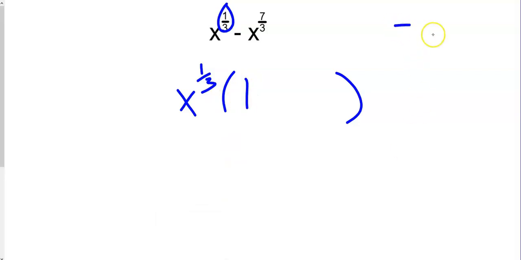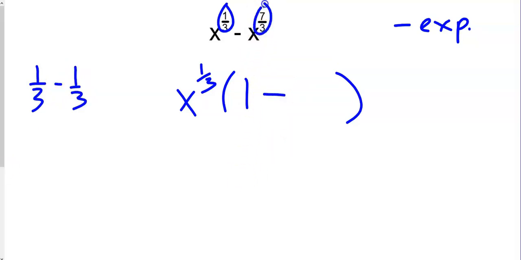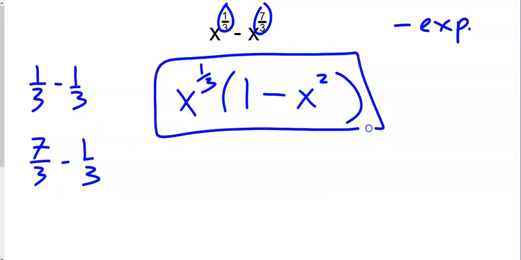And remember that when we're dealing with this, if you want to actually work it out, you're just subtracting exponents. So what I would be doing there is 1/3 minus 1/3. Okay, now when I get to the next guy, I'm going to take 7/3 minus 1/3. And when I subtract that out, I get x to the second. And that's all we want right there. Just pull out that GCF.